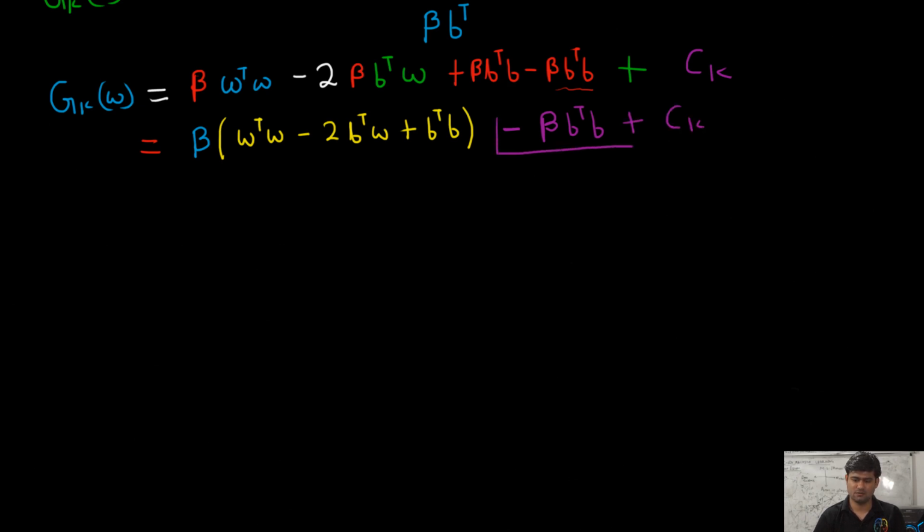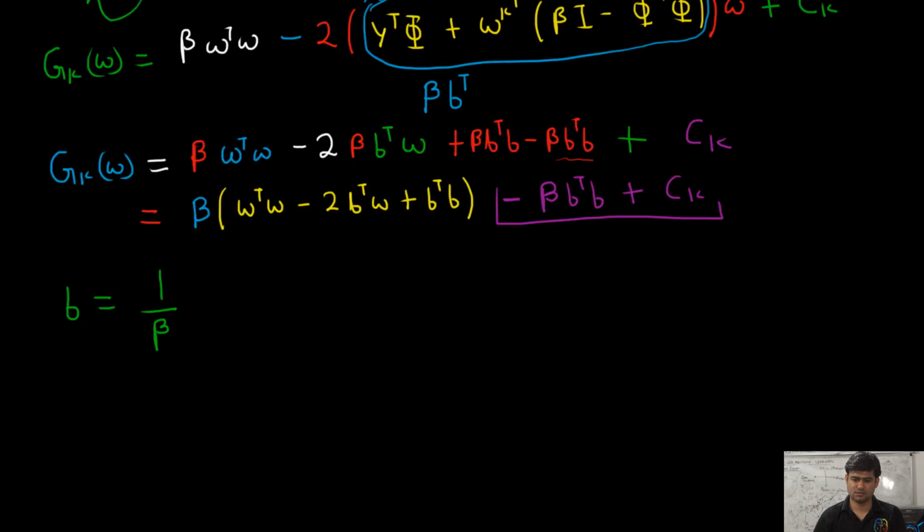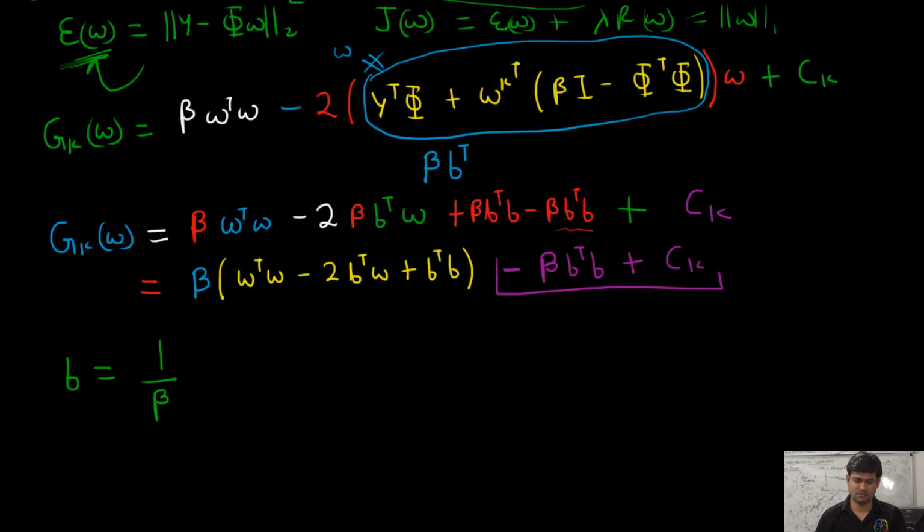And now we'll just write the definition of b as well for the sake of completeness. So b is equal to 1 over beta times the transpose of the term inside the bracket. So this is phi transpose y plus (beta I minus phi transpose phi) times w_k.